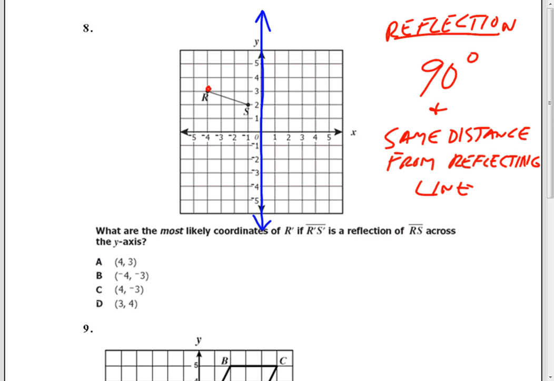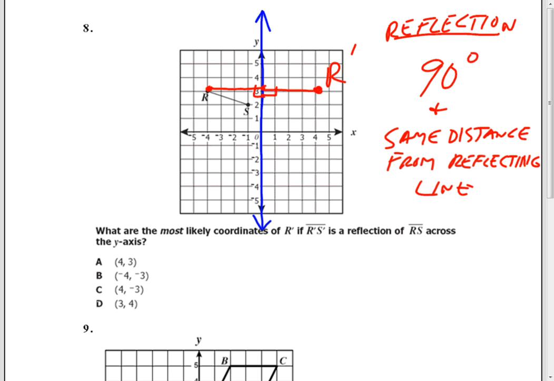I mean that if I look at R, I'm going to come back to the reflecting line and make sure that I make a right angle to it. How many blocks away is it? 4 units. I need to go 4 units on this side to find the other point. I need to maintain that right angle with the x-axis, the y-axis. What am I going to call this? R prime. R prime with a little tick mark.